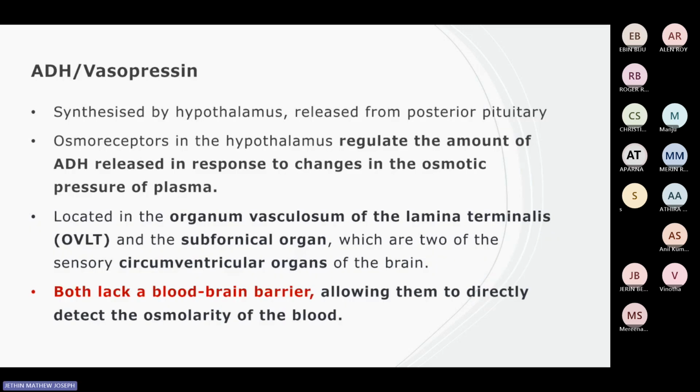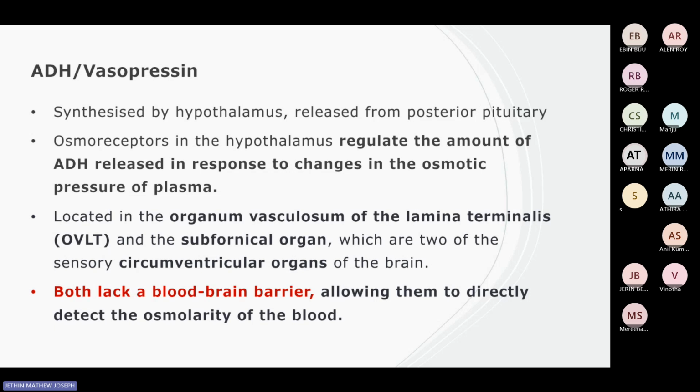So ADH, or vasopressin, is also a very important concept to know about before we delve into hyponatremia. Where is ADH produced? ADH is synthesized by the hypothalamus, and it is released from the posterior pituitary. The hypothalamus has certain osmoreceptors which regulate the amount of ADH released.